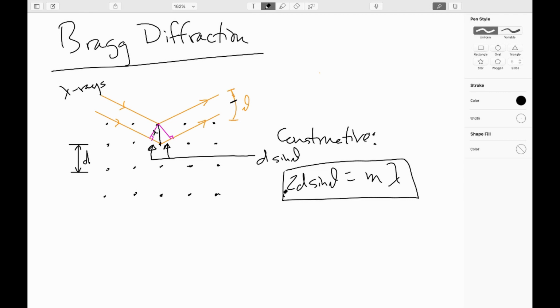And by studying the scattering angles of the X-rays, you can work backwards to what the structure of the atom or molecule had to be.